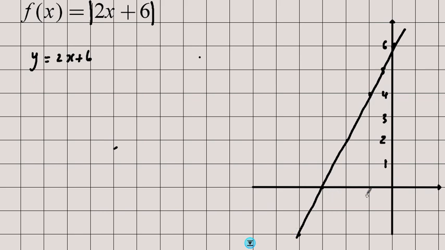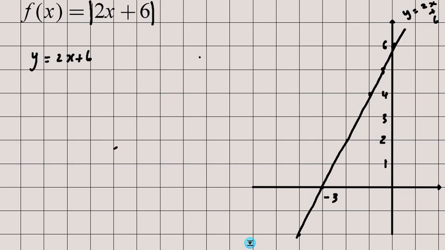The x-intercept is obviously -3, which is the value of x that makes this expression 0. Now, this is y equals 2x plus 6.